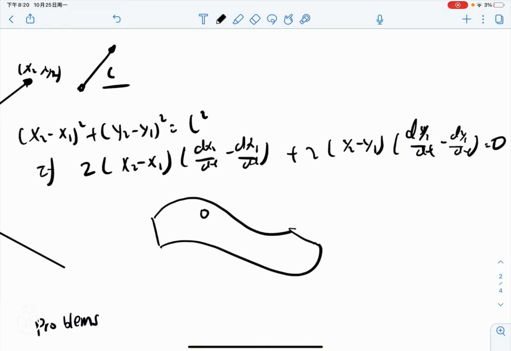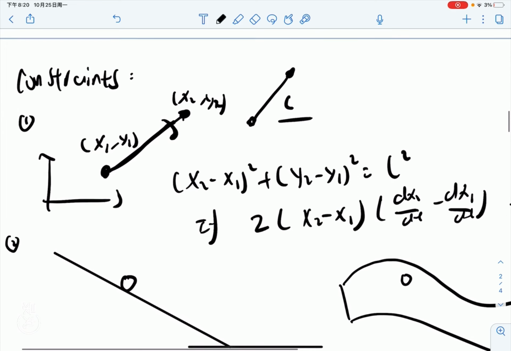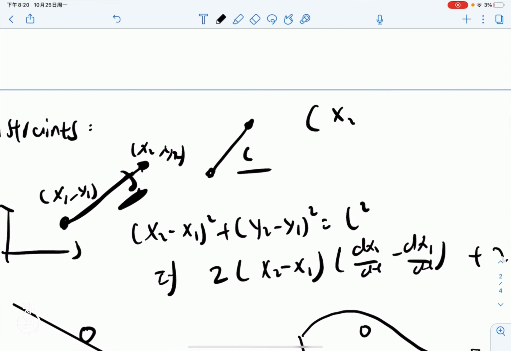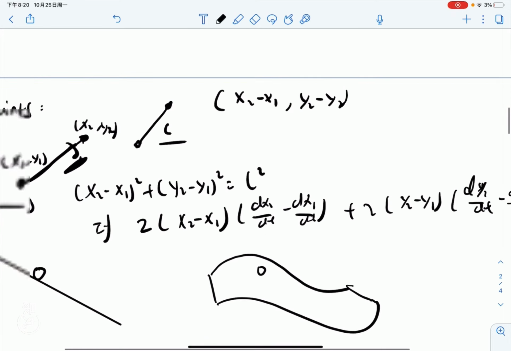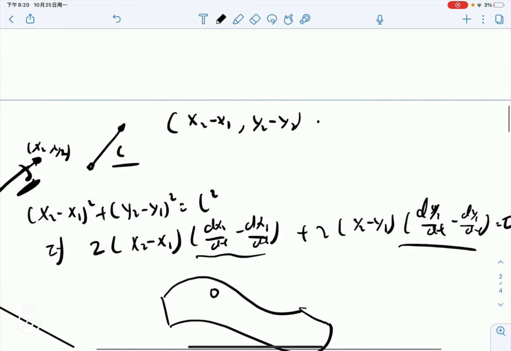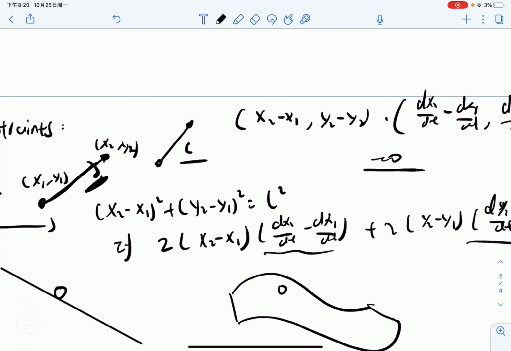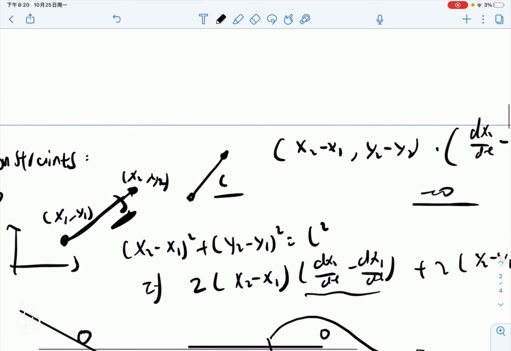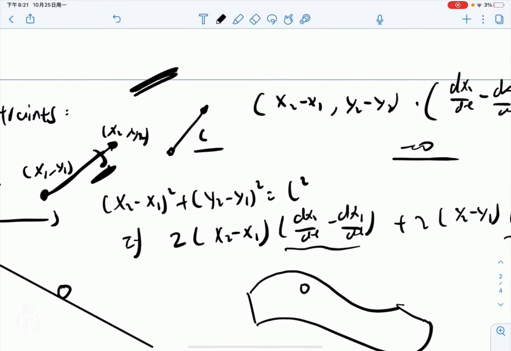And now you basically can see that the vector of this length is x2 minus x1 and y2 minus y1. And if it's dotted with the vector of dx2/dt minus dx1/dt and dy2/dt minus dy1/dt, this is going to be 0. So basically, it is saying that the difference in velocity in the direction of the rod L is going to be 0.